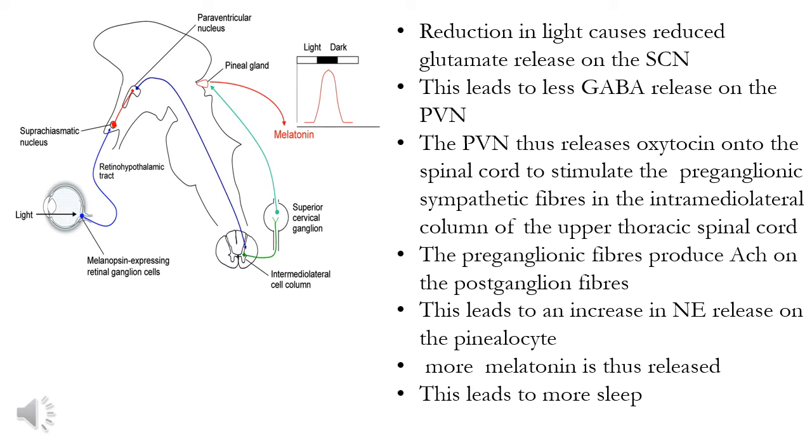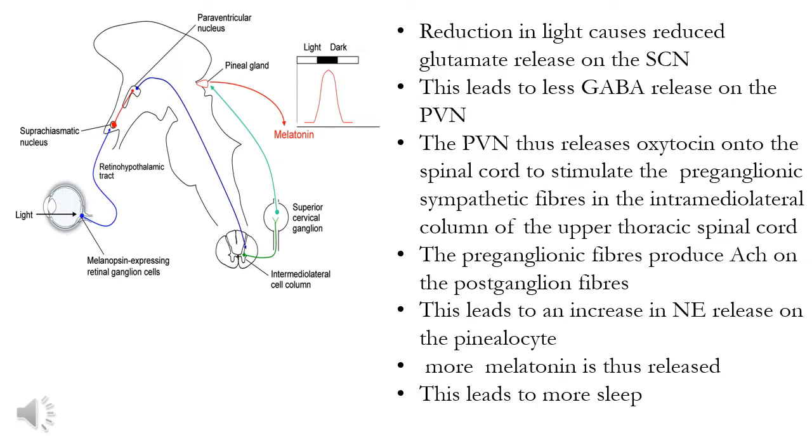But here is what happens when there is a reduction in light. When there is a reduction in light, you have a reduction in glutamate. So reduction in glutamate means its release in the suprachiasmatic nucleus is reduced. That means there is no excitation of this red colored nerve, so to speak.